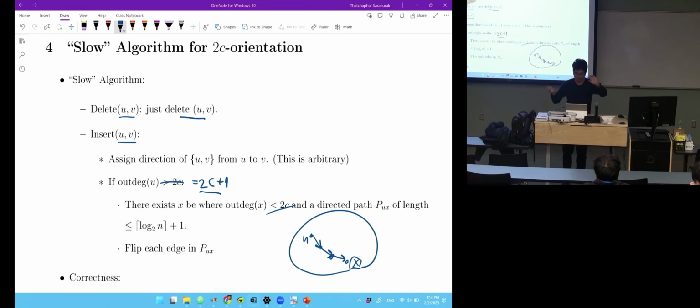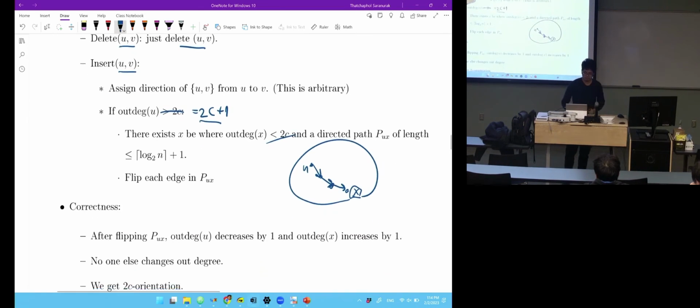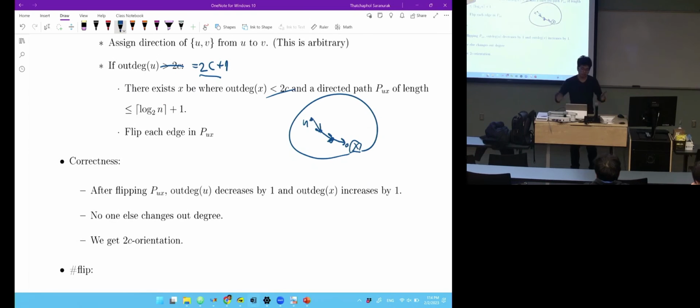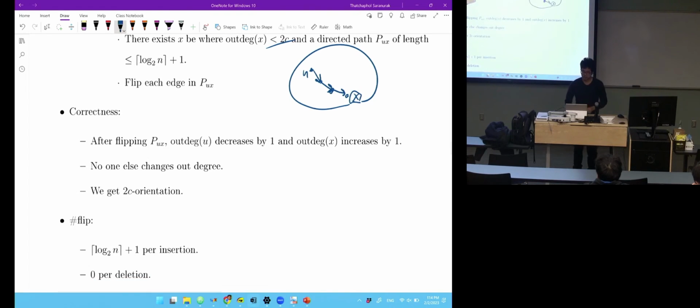So you really just change the outer degree of X and U, and that fixes the problem. So you get this algorithm that maintains a 2C orientation, and the number of flips is just 0 per deletion, you do nothing, and at most log n plus 1 per insertion.